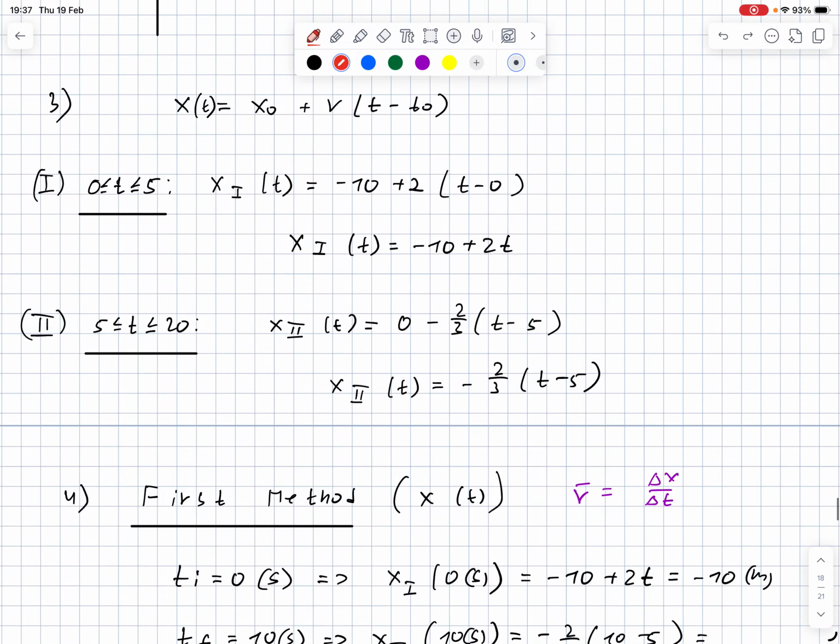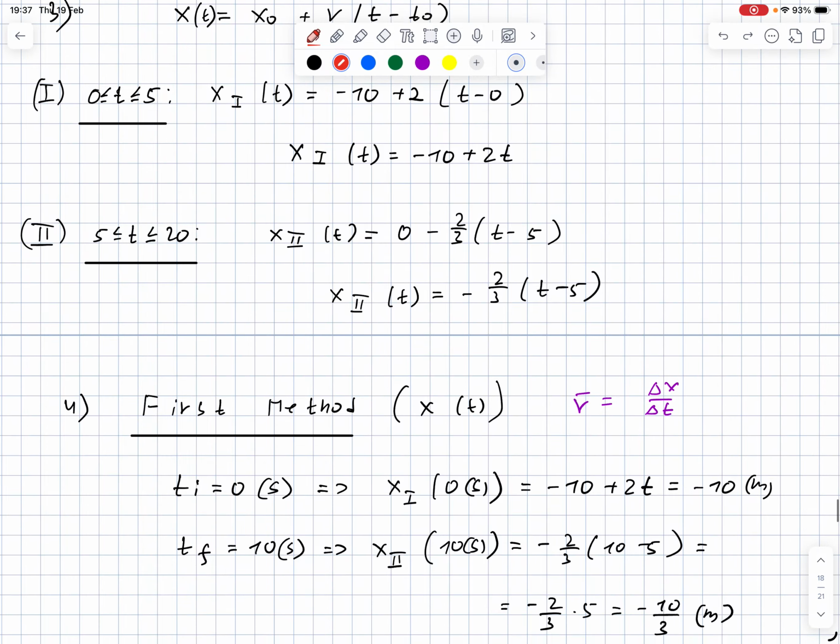And finally, we need to calculate the average velocity between 0 and 10 seconds. Again, I'm going to use two methods. First, we're going to find the displacement delta x between those two times, and of course I'm going to use the linear functions of x of t.